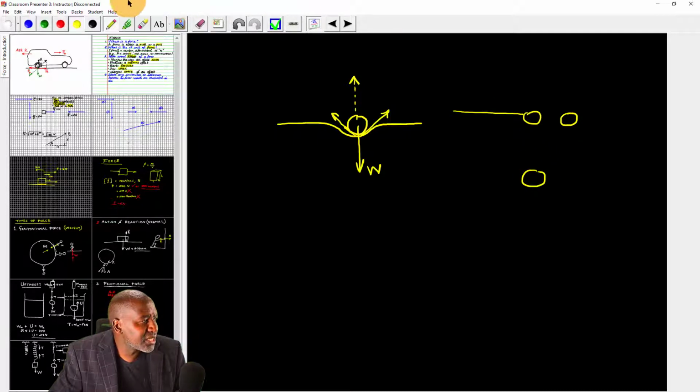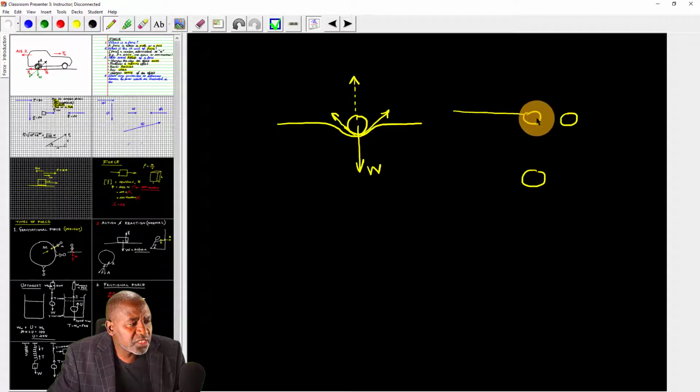The one which is at the surface experiences these forces. It will be pulled by this one. This one will also pull it. The other one will pull it like that. It will also be pulled by the molecule inside the liquid. This is what happens to the molecule at the surface. It doesn't have any other force up there trying to pull it that way.